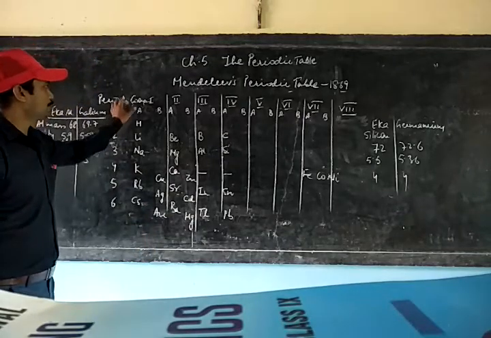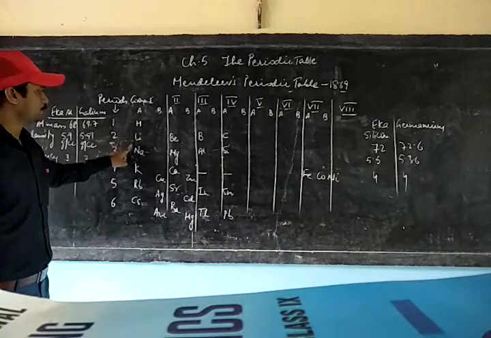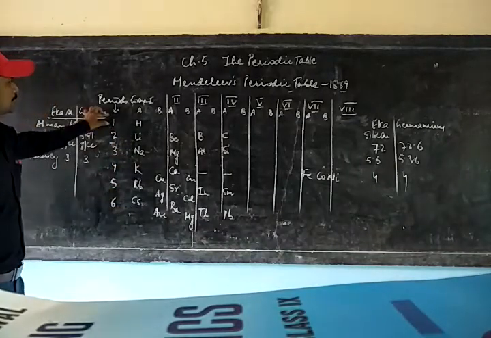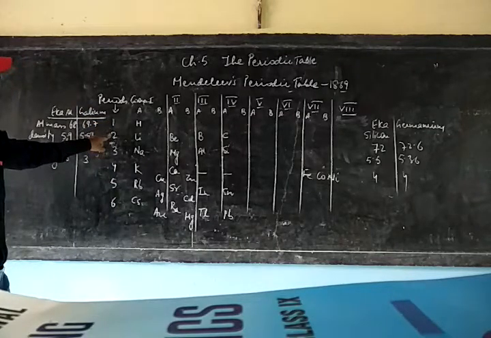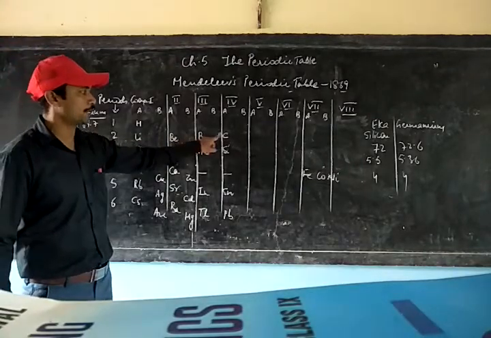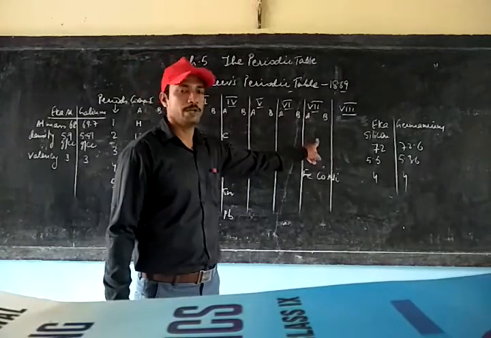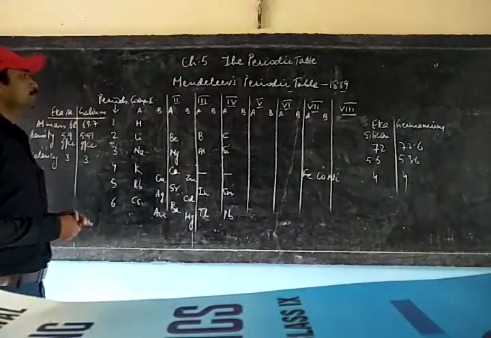You can see group number 1, subgroup A, elements are hydrogen, lithium, sodium, potassium, rubidium, cesium. Period number 2 has elements like lithium, beryllium, boron, carbon. Of course, nitrogen, oxygen, fluorine and so on.